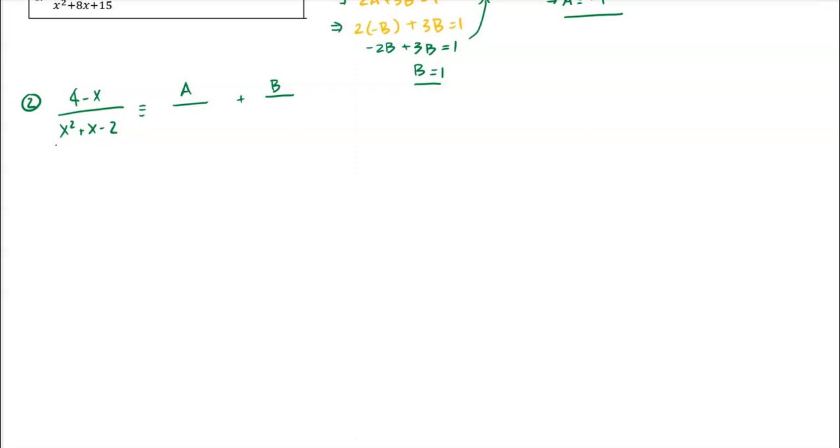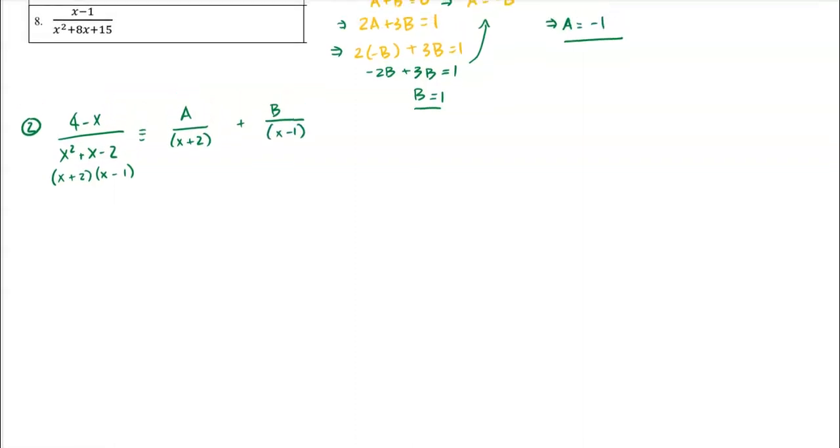So if I factor, this is going to be (x plus 2)(x minus 1), and that equals A over (x plus 2) plus B over (x minus 1).